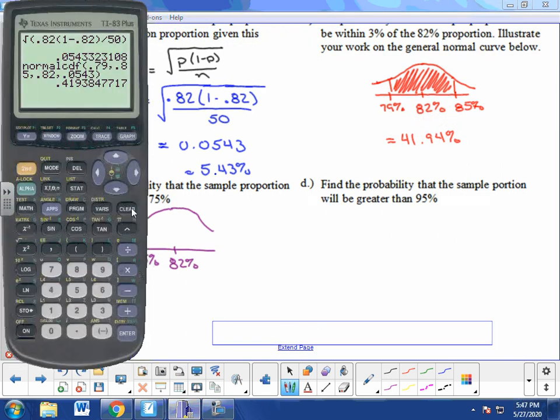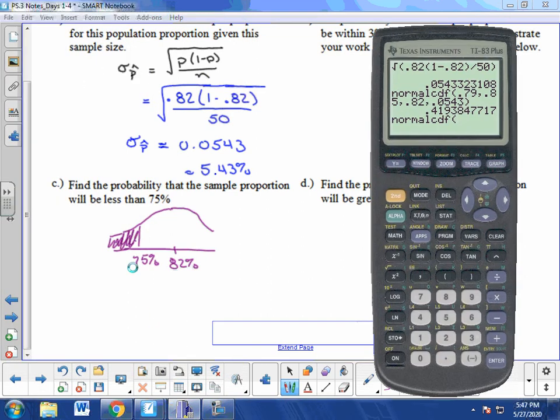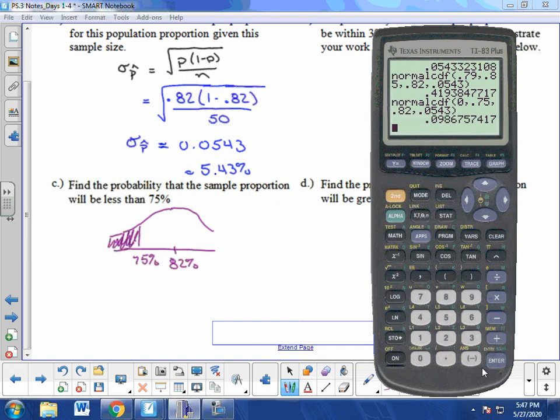If we want to do this in the calculator again, so second, variables, statistics, normal CDF, we're going to have our lower bound. In this case, we're to the left of 75, so our lower bound is 0, all the way down to 0%. 0.75 is our upper bound. Our mean is still 0.82, and our standard deviation is still 0.0543 for p hat.